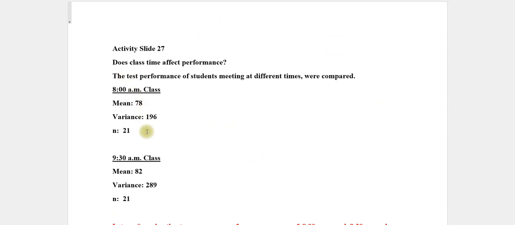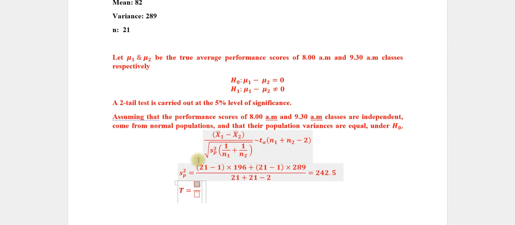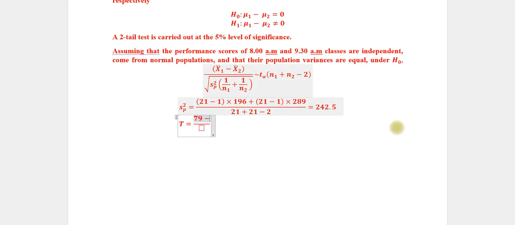X bar 1 is 78, x bar 2 is 82. 78 minus 82, divided by the square root of s squared p times 1 upon 21 plus 1 upon 21.